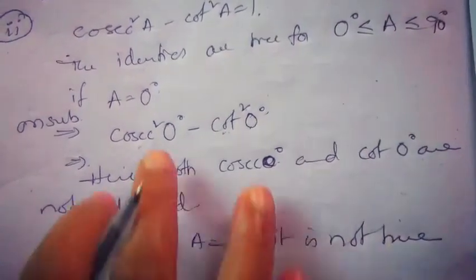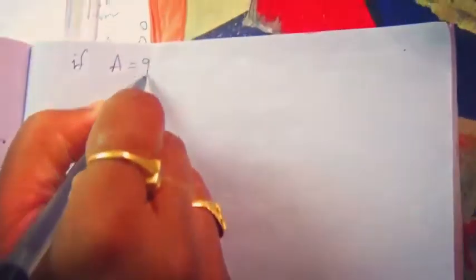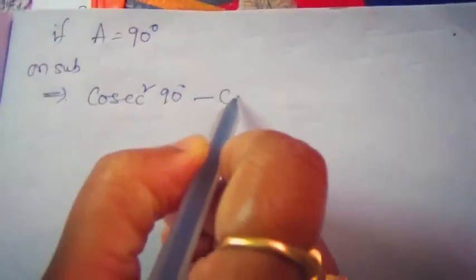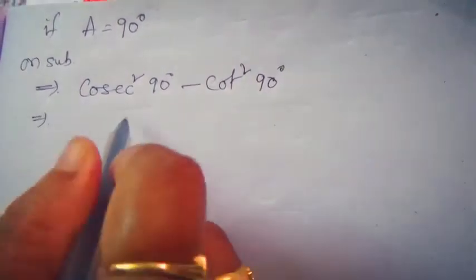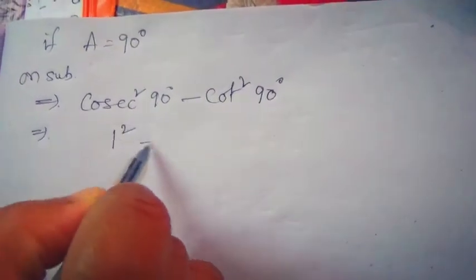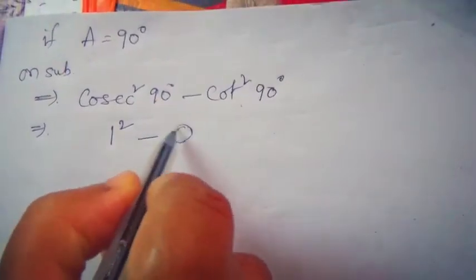Let us check at 90 degrees. If for example a is equal to 90 degrees, then on substitution, cosecant square 90 degrees minus cot square 90 degrees. Cosecant 90 degrees is 1 square, cot 90 degrees is 0 square.